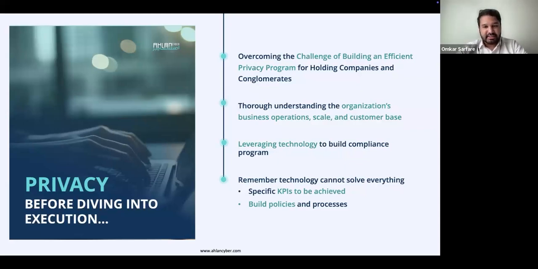Unlike a single entity business, larger organizations often encompass multiple subsidiaries and diverse operations, each with their unique data handling requirements. So this complexity makes it essential to develop a cohesive enterprise-wide approach to privacy rather than a fragmented or siloed effort.